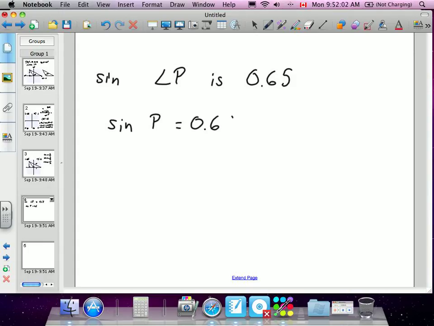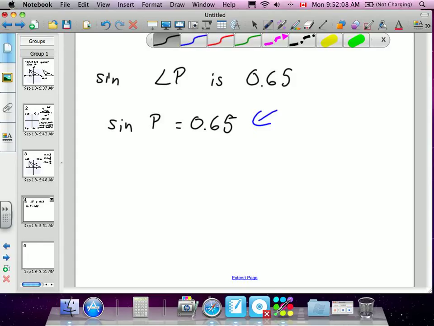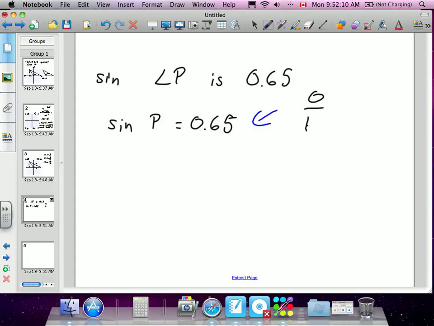Now, in order to get that 0.65, I've divided two numbers already. Okay? I've already discovered that the opposite side divided by the hypotenuse was equal to 0.65. So let's say that the opposite was 65 meters long and the hypotenuse was 100 meters. So we can even refer that to this triangle here.